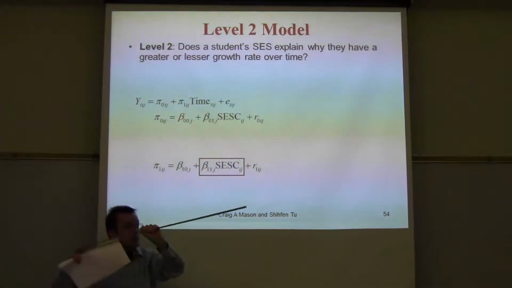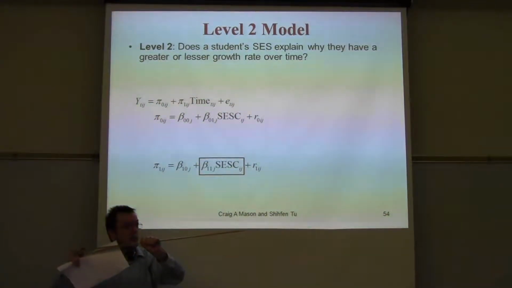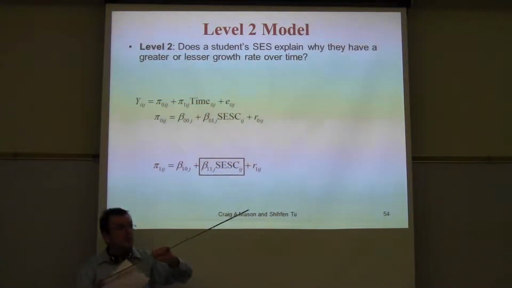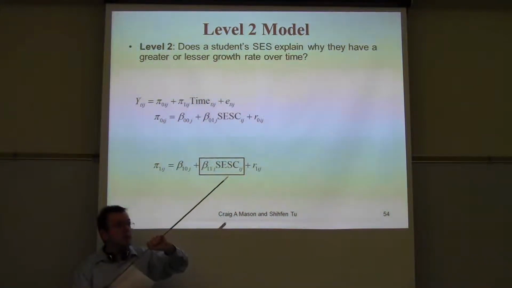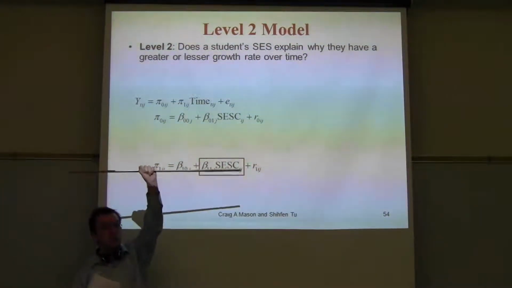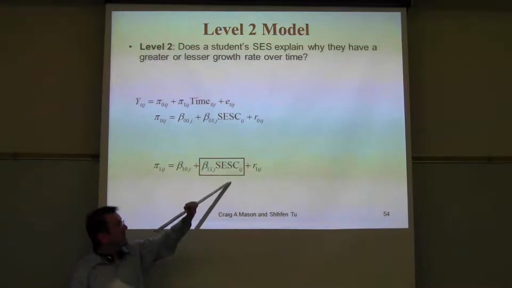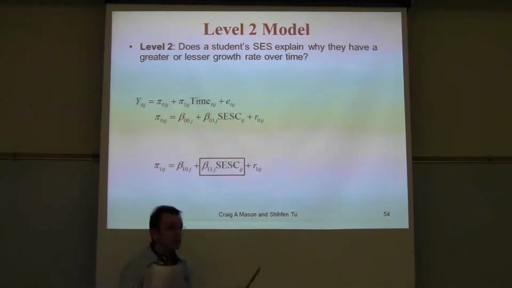Or maybe it decreases a bit. There's a bigger effect for the kids coming in low SES, and they're showing a really rapid improvement. What's happening is they're just starting to catch up with the other kids. So maybe SES has a negative effect for some schools.